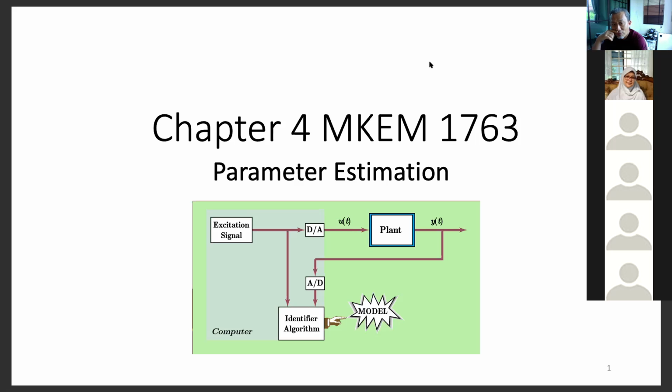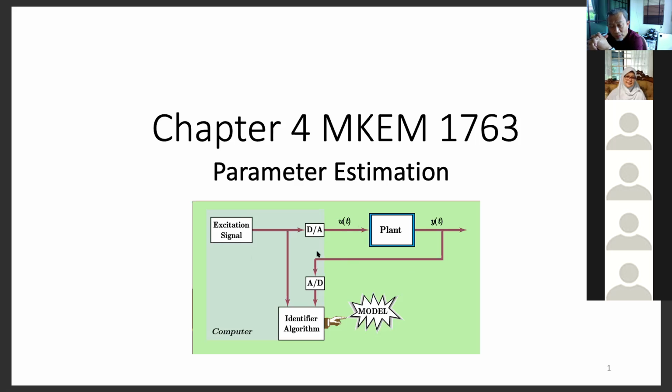So basically, if you look at this block diagram, we are already at the excitation signals. We see some input signals from PRBS, sine wave, impulse, and step or square wave, injected to the plant via the computer. In the computer, we have A to D and D to A, which is the data logger or data acquisition system.